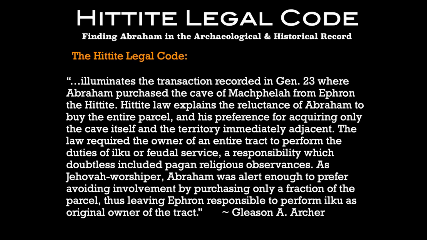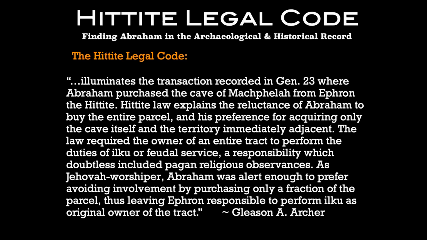The law required the owner of the entire tract to perform the ritual duties of ilku, or feudal service, a responsibility doubtless included pagan religious observances. So as a Jehovah worshiper, Abraham would have been alert enough to avoid involvement by purchasing only a fraction of the parcel, leaving thus Ephron, that's his name, Ephron, responsible to perform the ilku, because he was the original owner of the tract of land."